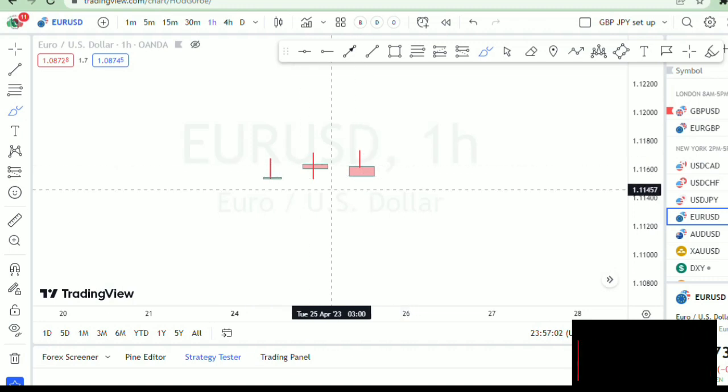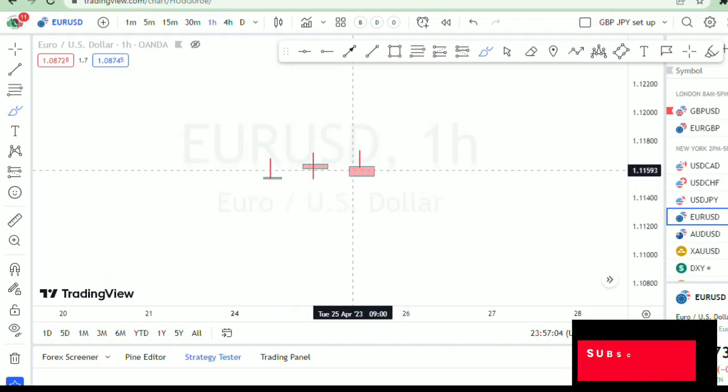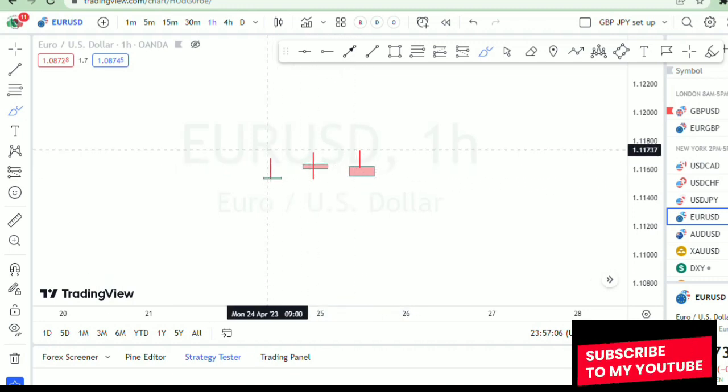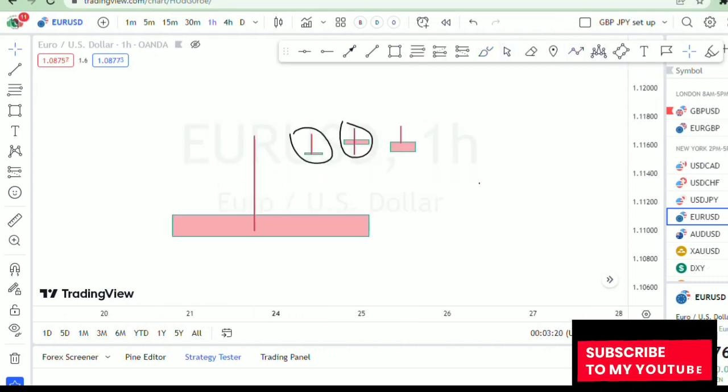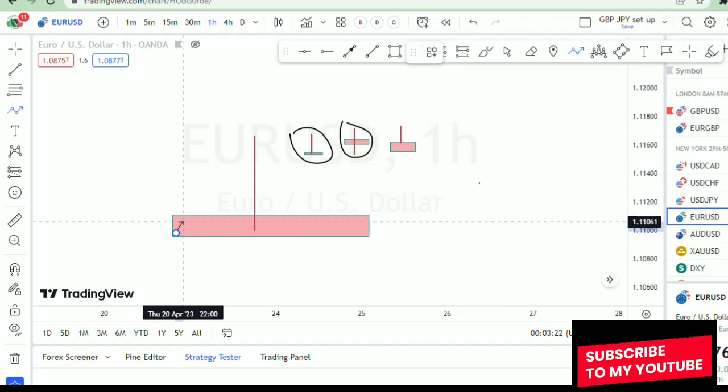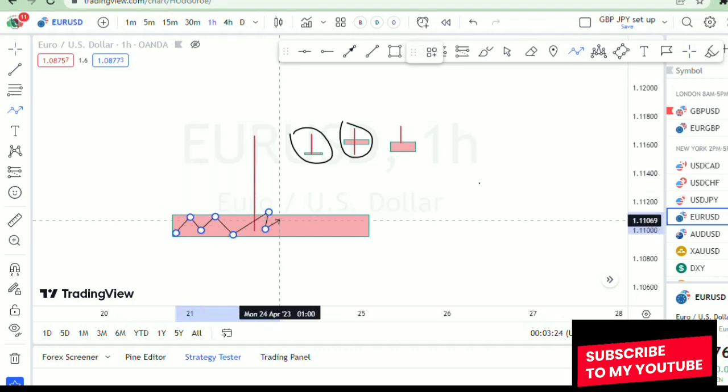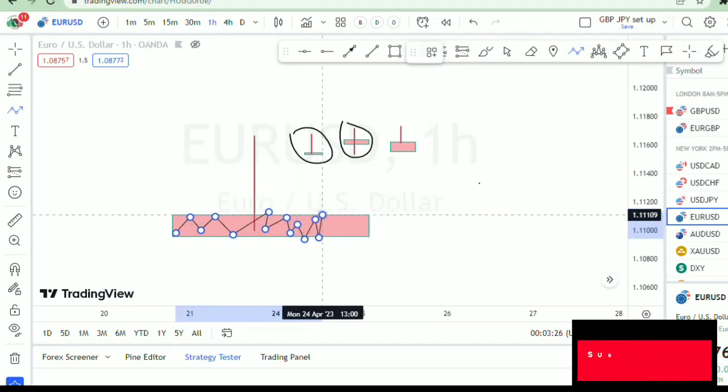So for instance, if you find this kind of candlestick on a 4-hour time frame, it means that if you go to lower time frames like the 30, 15, 5 or 1 minute time frame, you would notice a range in the markets. Remember, a range is when the market is going up, down, sideways, not going bullish or bearish.